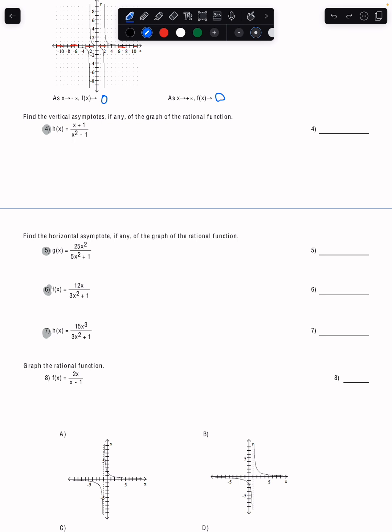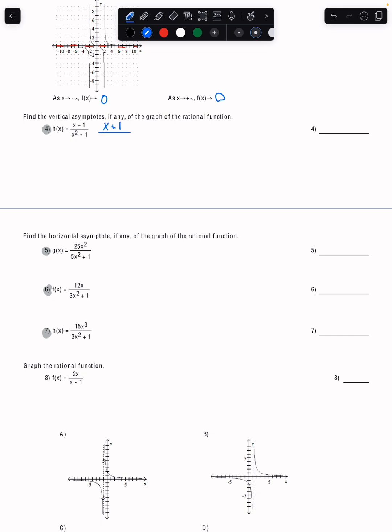For number 4, it says find the vertical asymptotes, if any, of the graph of the rational function. So to find vertical asymptotes, first we're going to need to check if there's any holes in this equation. So we start by simplifying the denominator.